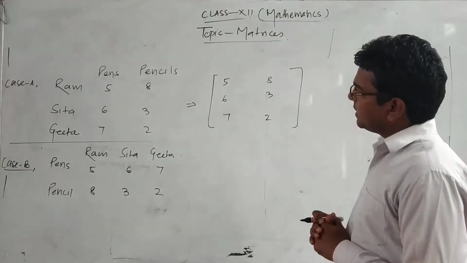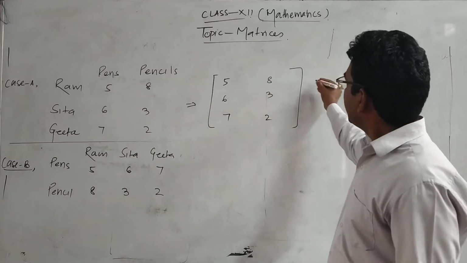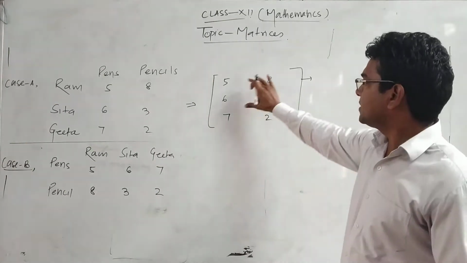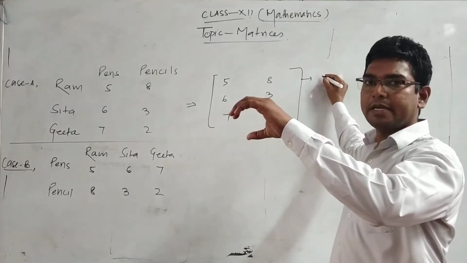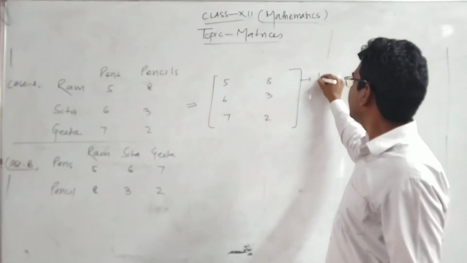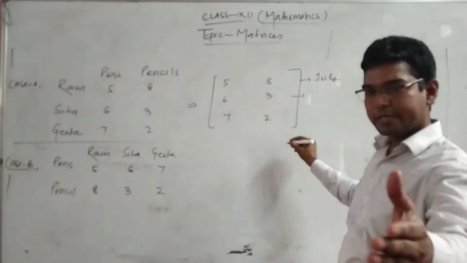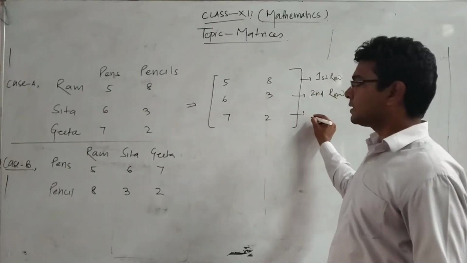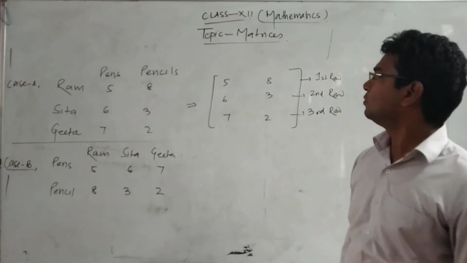Here we can see that these numbers are arranged horizontally, that is, we have arranged these numbers row-wise. So this is our first row, and similarly this is our second row, and this is our third row.